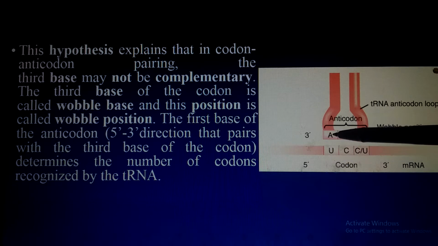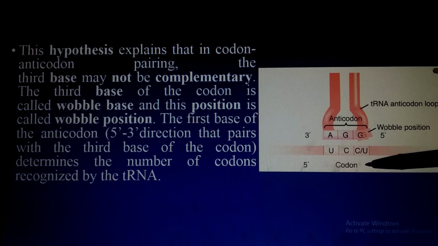As we are familiar, the codon and anticodon are complementary to each other. But what will happen in the Wobble hypothesis? You can see this is position number 1 of the anticodon at the 5 end, and this is position number 3 of the codon at the 3 end.